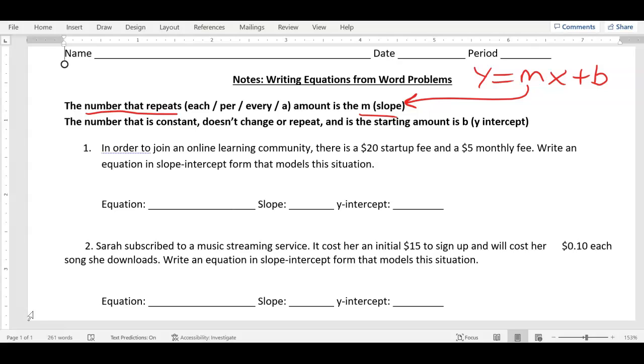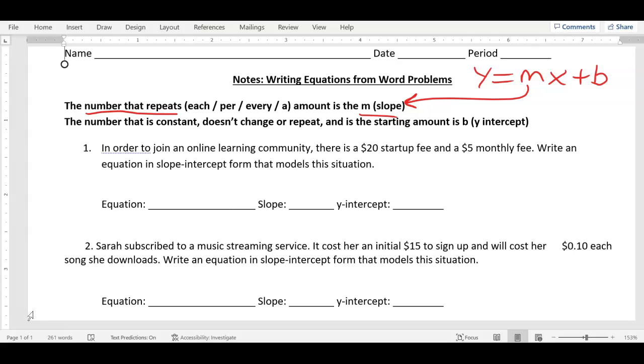If I do 10 math problems every hour, that's a slope. It's a changing amount. If I gain 10 pounds a day, that's not good, but whatever, okay? That's a changing amount. That's a slope, okay? So these words, these are the key words you want to think about. Sometimes they don't use those words, but you can tell it's moving. It's a changing, slopey word, okay?